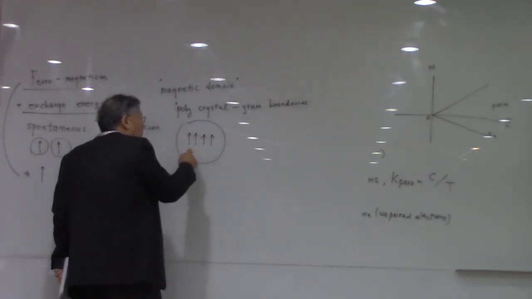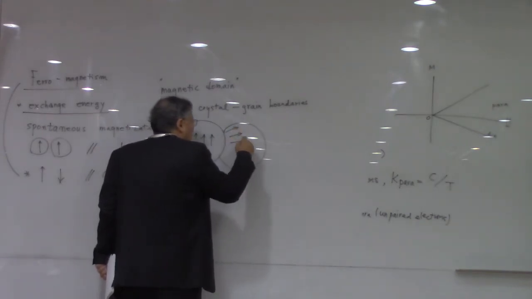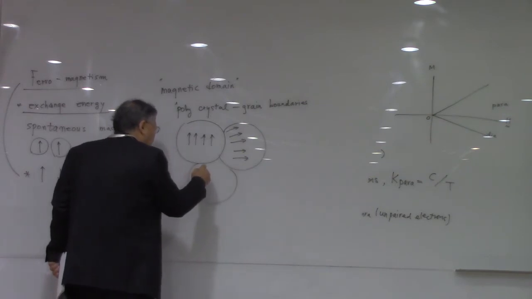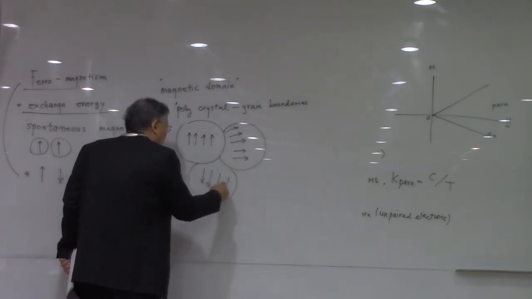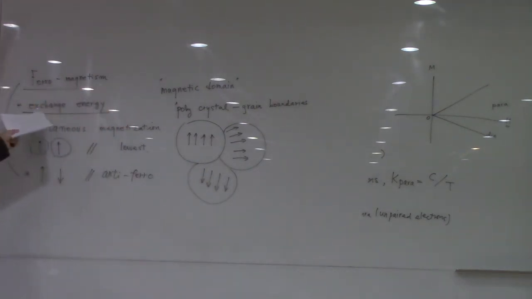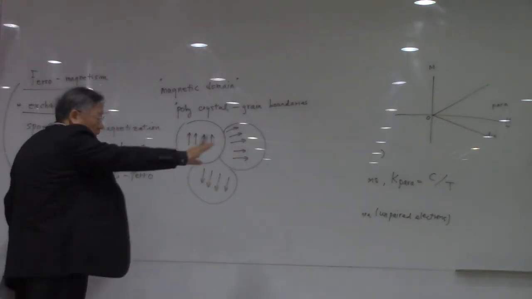One domain is going to align this way, and then the other one is going to align this way, and another domain is going to be aligned this way. And inside a domain, of course, the exchange energy is the lowest when the nearest neighbor spins have a parallel direction. But it's not going to extend forever.